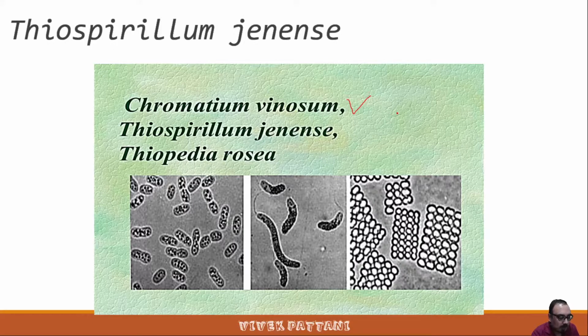All genera are capable of photolithotrophic growth using hydrogen sulfide or elemental sulfur as the electron donor for carbon dioxide fixation. When H2S is the electron donor, globules of elemental sulfur are also found, usually inside the cells. Now check these globules.